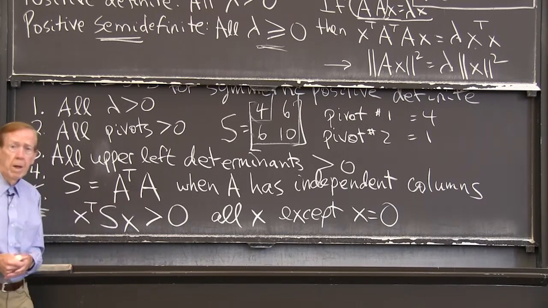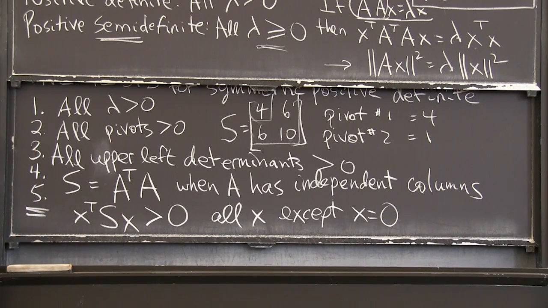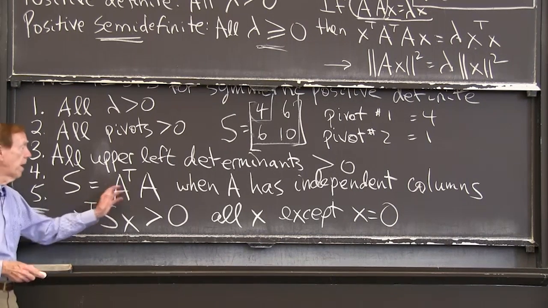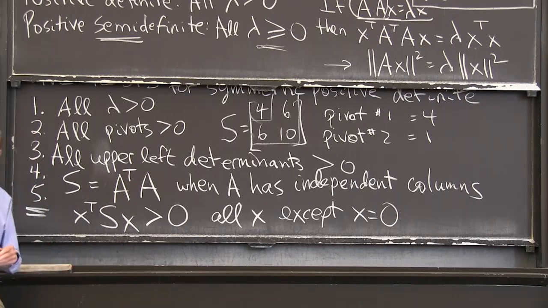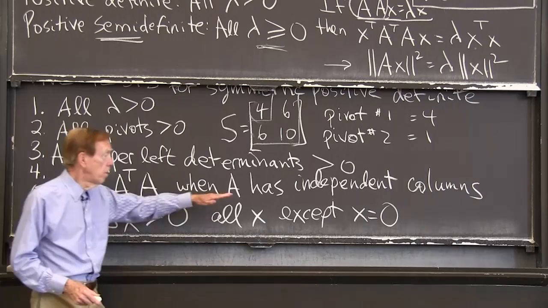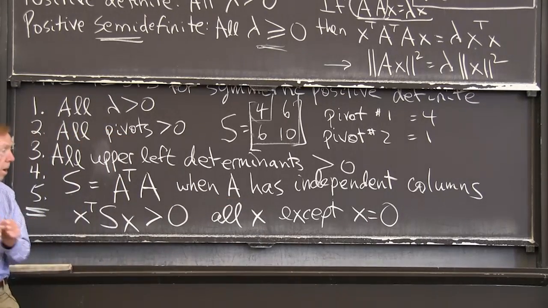If I have a general matrix A, it's not even square. It doesn't have great properties. But when I compute A transpose A, then I get a symmetric matrix. And now I know also a positive semi-definite, and with a little bit more, positive definite matrix. Okay. By the way, are there 5 tests for semi-definite matrices?